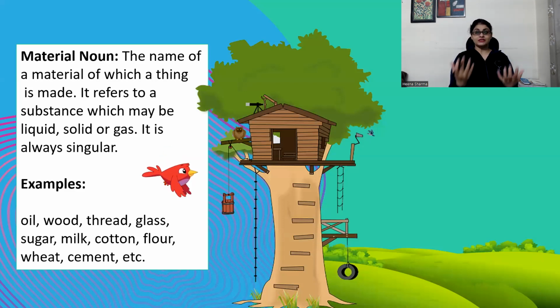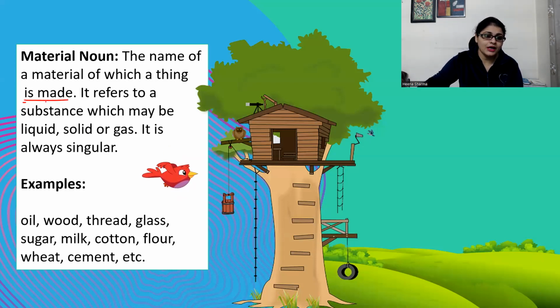Now, if I talk about material noun, you will definitely wonder that there is something related to material, some stuff, right? So, material noun actually is the noun that is used to name a material, which is a thing that is made.